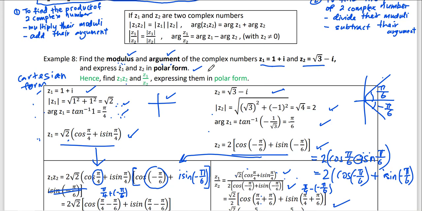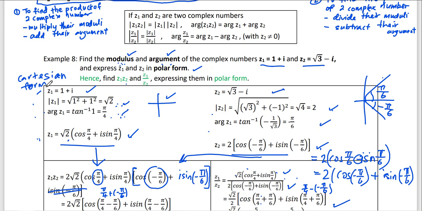Polar form means there is sine, cos, and theta is in angle form. That is polar form: there is angle, trigonometry. So Cartesian form is like in the Argand diagram.